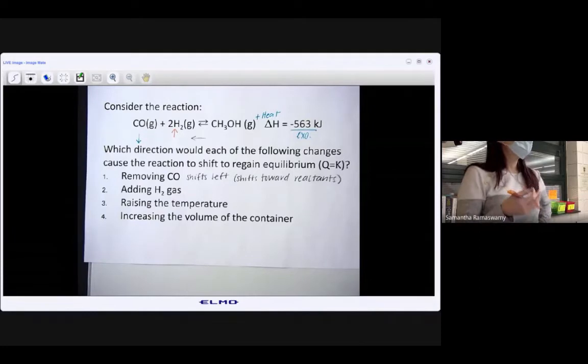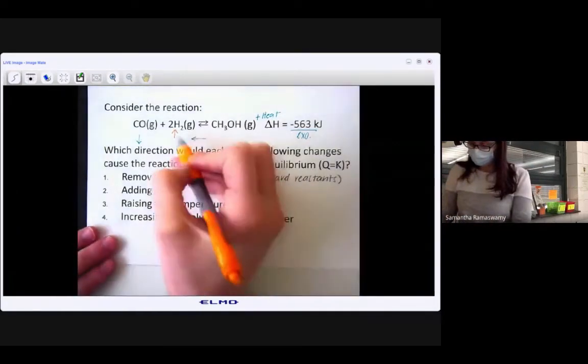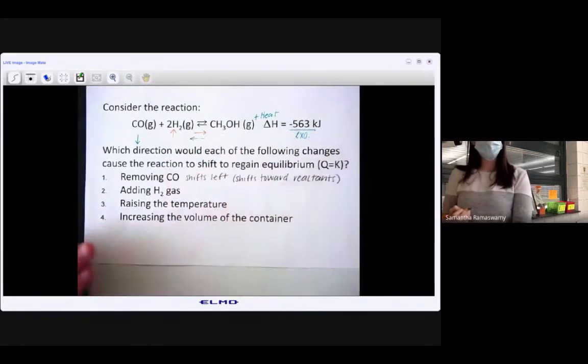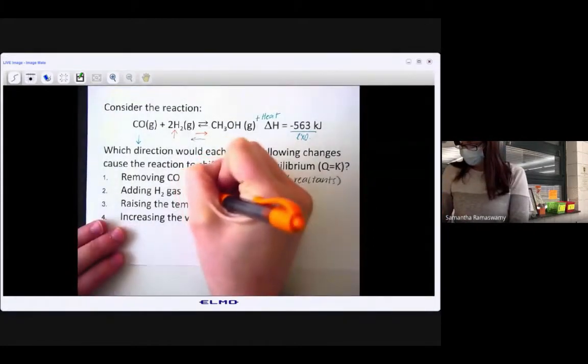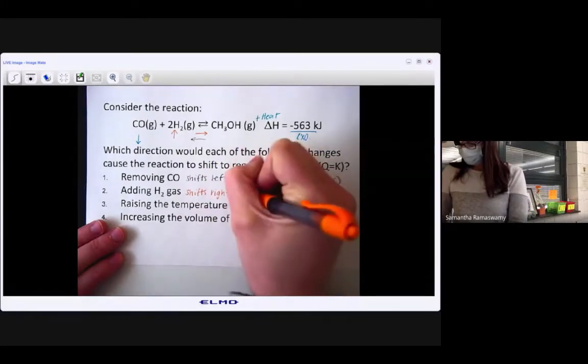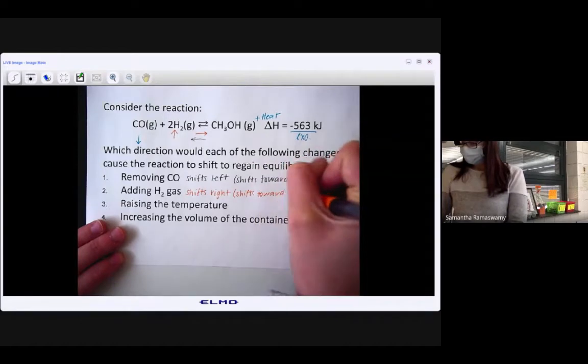If we have too much reactant, the reaction needs to shift so that we can use up that excess reactant. So if we need to use up the excess reactant, we're going to make more products. So for number 2, we'll say shifts right. Or we can say shifts toward products.